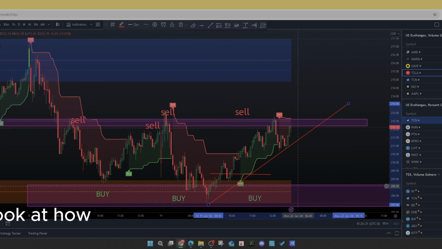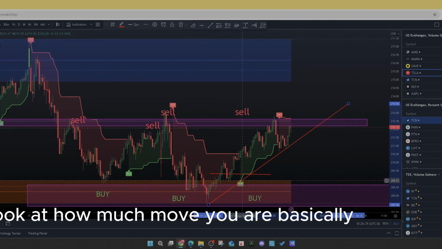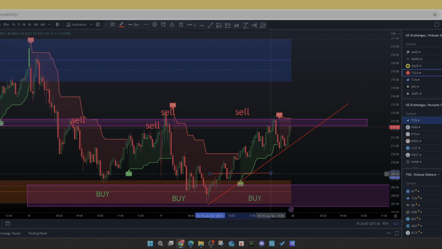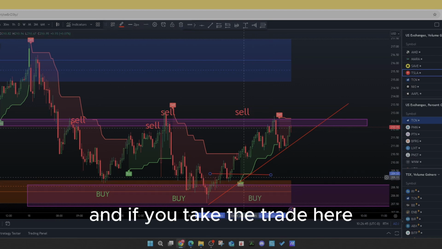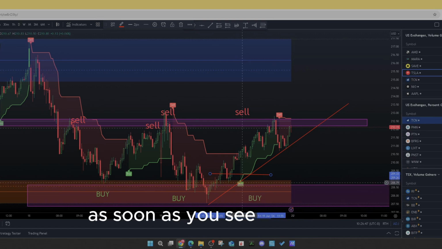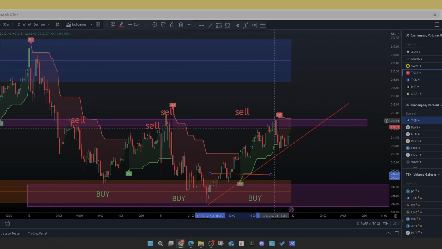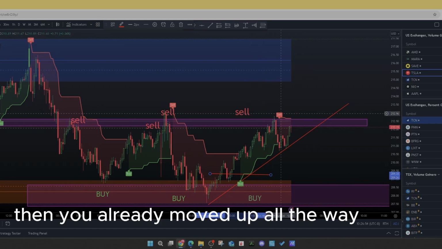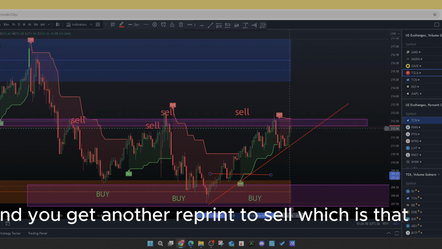look at how much move you are basically using, and if you take the trade here, as soon as you see the reprint, then you already moved up all the way to here, and you get another reprint to sell, which is that area.